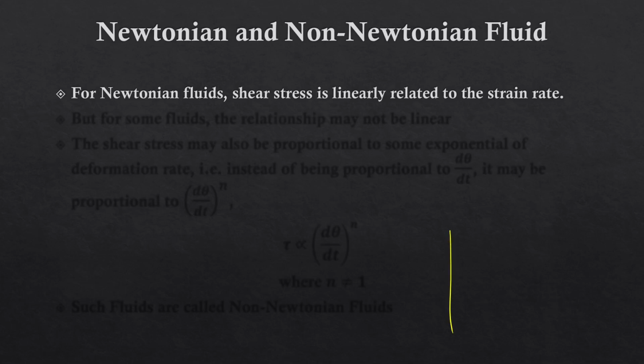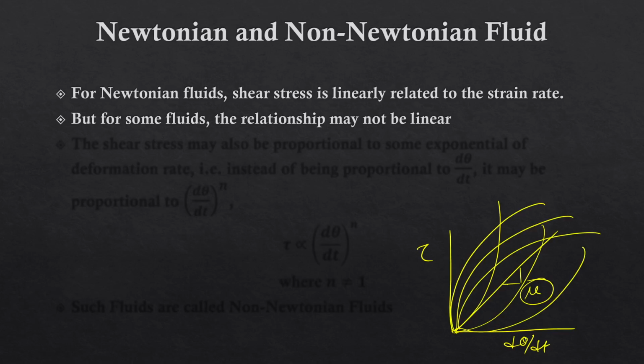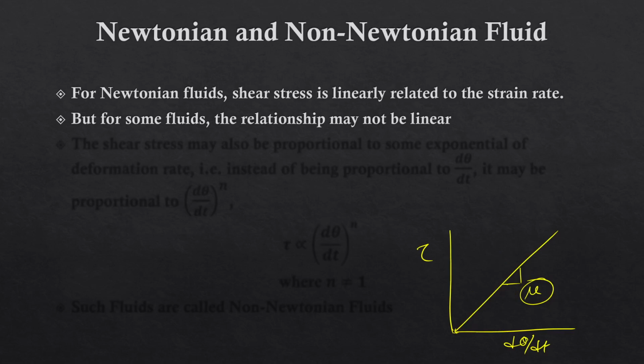That means if we plot a graph between shear stress and shear strain rate, it will be a straight line, and the slope is constant, equal to mu, the coefficient of viscosity. But for some fluids, the relationship may not be linear. Instead of a straight line, it can be like this, or like this. It can be curved in both ways, concave upward or concave downward.